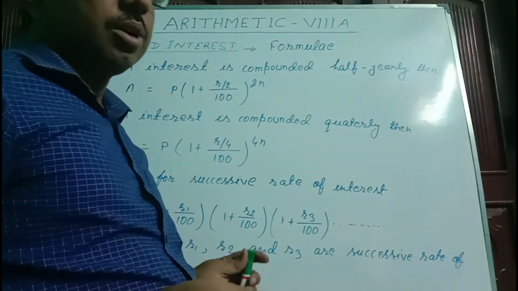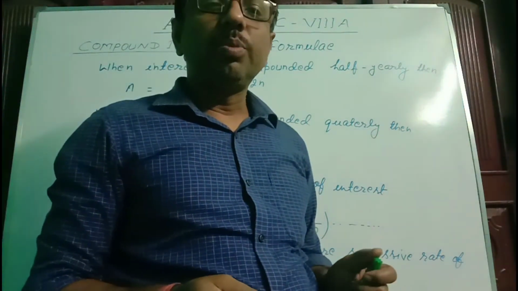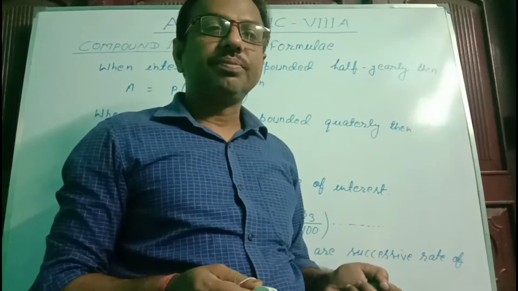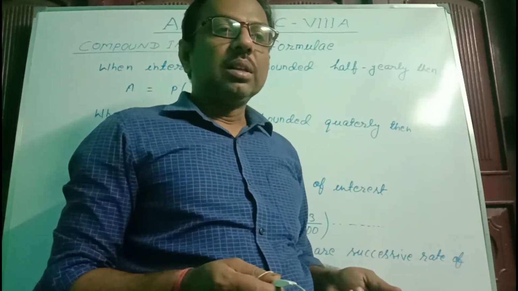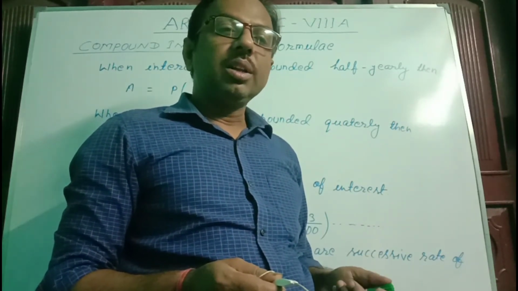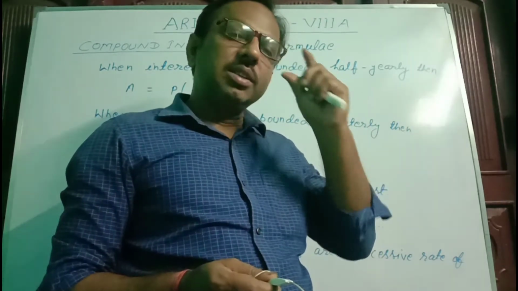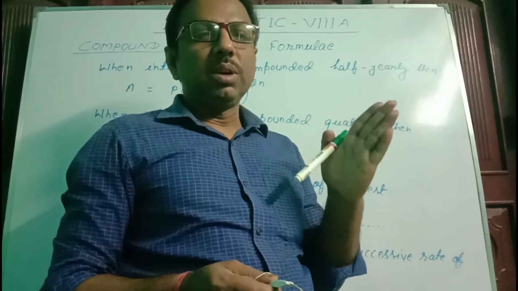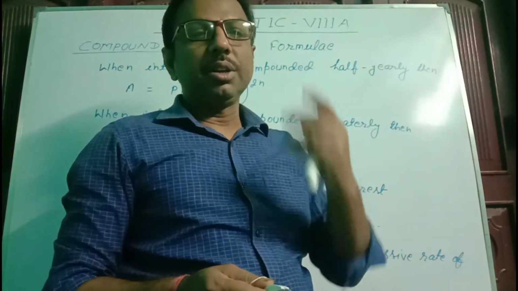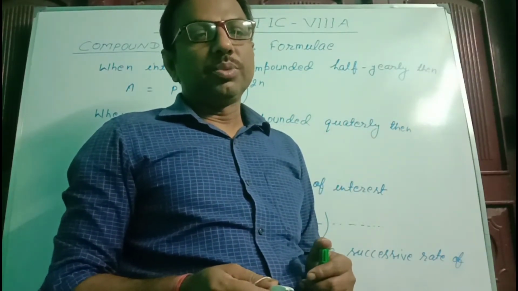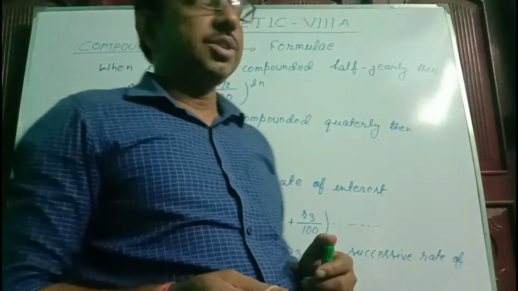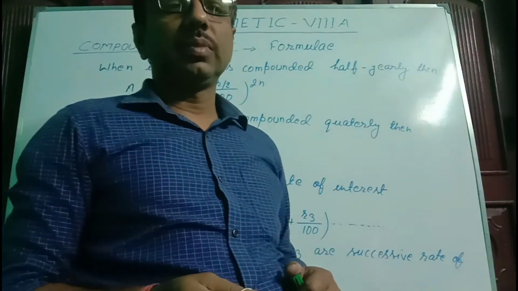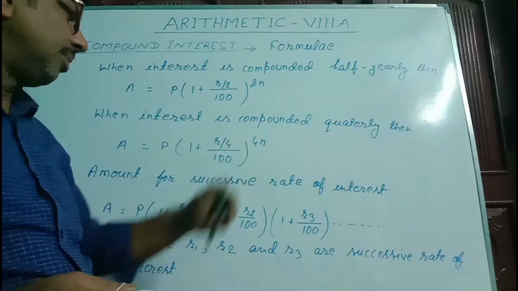Why by 4? Because if you make groups of months in a year, a quarter comes as a collection of 3 months. So making groups of 3, 3, 3, you get 4 groups. So the rate of interest is divided by 4 and time is multiplied by 4.